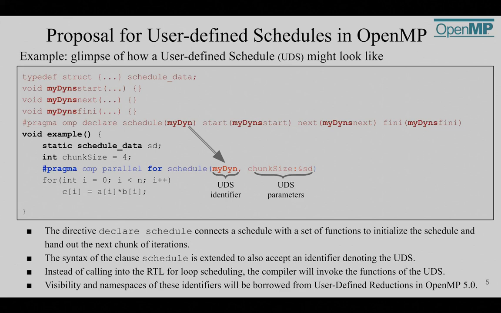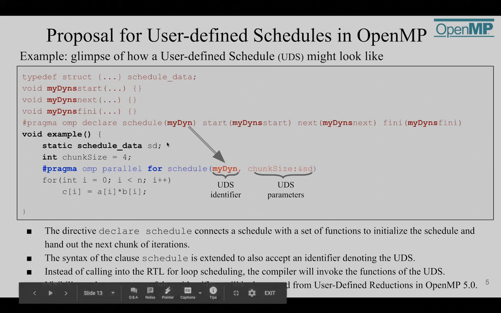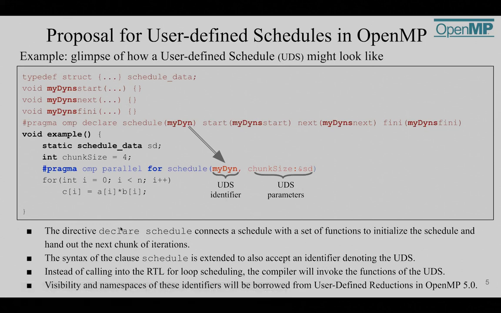The key thing is that the compiler, instead of calling into the runtime library for loop scheduling, is going to invoke these functions that the user defines within source code. And typically this is going to be a power user that helps the full application programmer to define a real loop schedule. Work was published in 2019 at IWOMP on an interface for this.